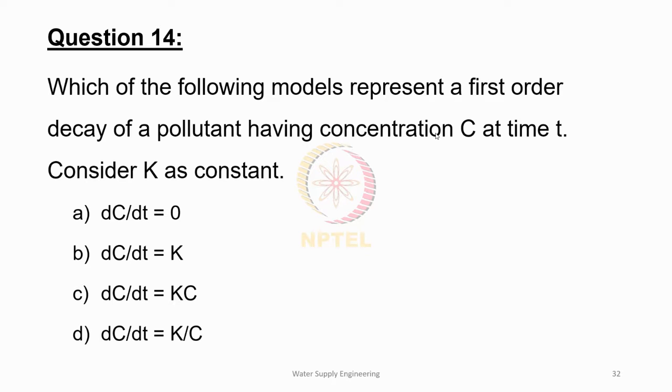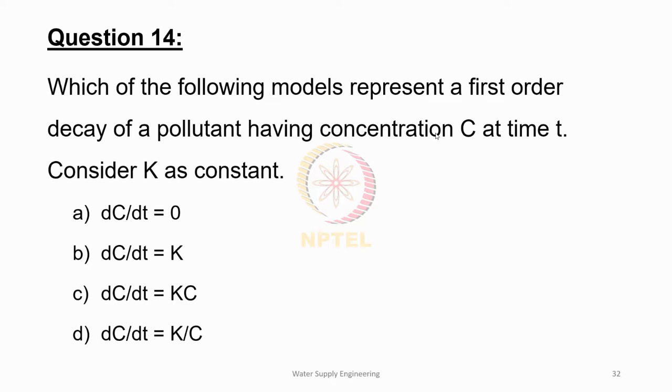Which of the following models represents a first order decay of a pollutant having concentration C at time t? Consider K as constant. So, which is the equation that represents first order decay equation? Option A, dC by dt is equal to 0.